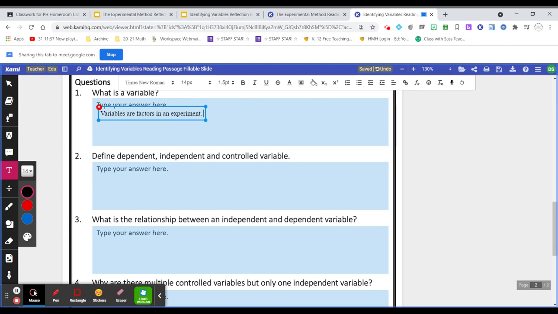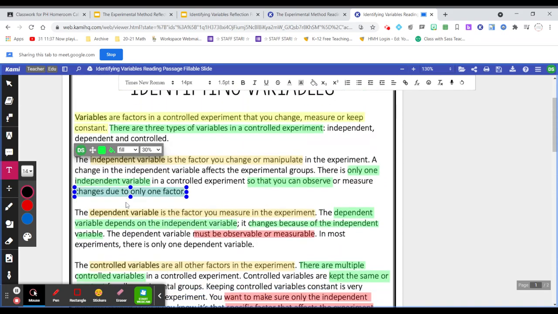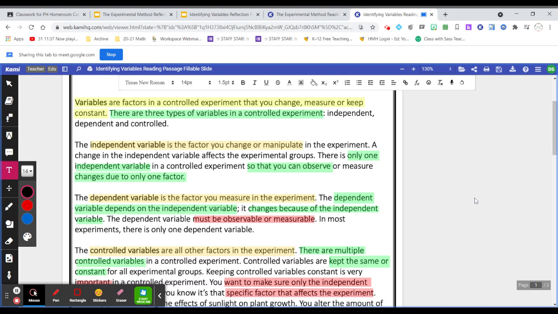So for question 2, it's going to ask us to define dependent, independent, and controlled variables. So this time around, I'm just going to scroll up to the passage and you guys are going to write your responses independently. So I've highlighted important things. So make sure that you're answering question 2 on your own. And we'll review once you guys are done.